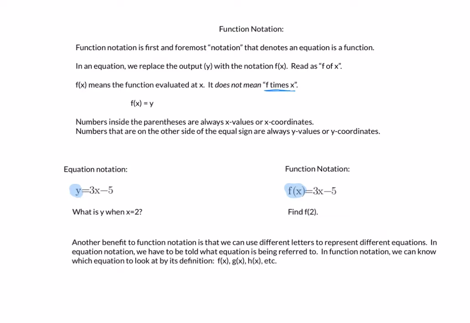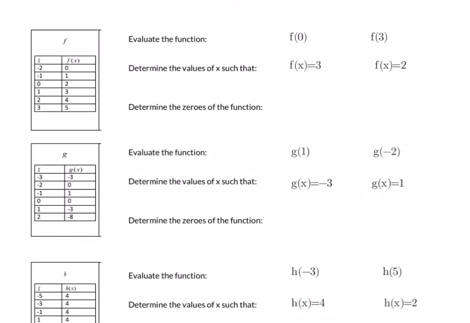Okay, so let's go ahead and start by looking at what we're going to do. Remember that when we look at functions, this is the main thing you have to remember: the inside number is always an x coordinate, and the outside number is always a y coordinate.